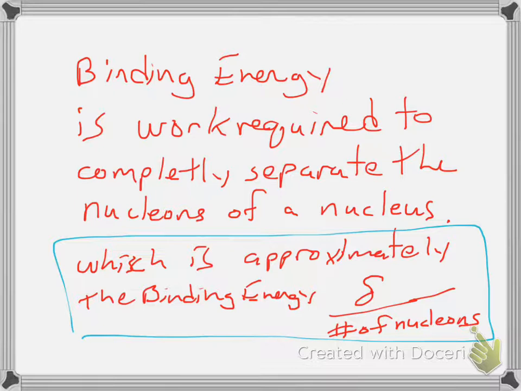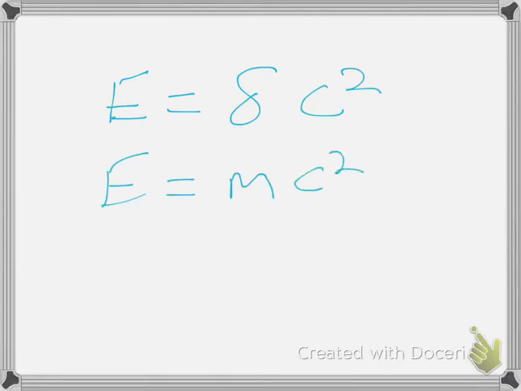If you want to get that into energy, you take energy equal to the mass defect times c squared, because remember, that's mass. So that's just a restatement of this equation. These are both units of mass: that's mass defect, and this is the mass in general.